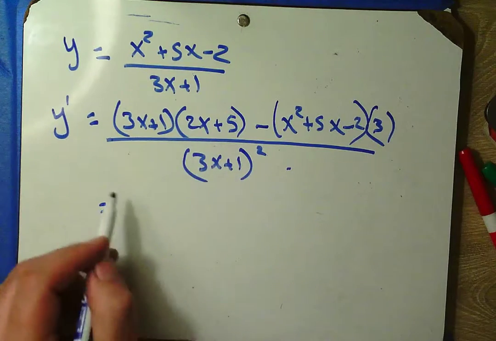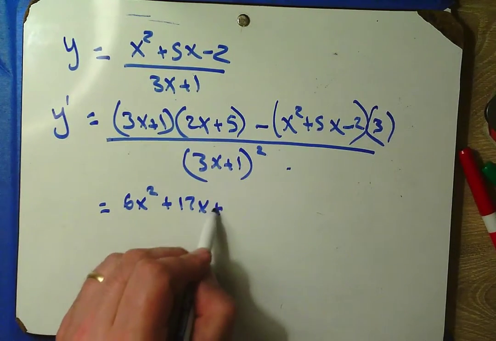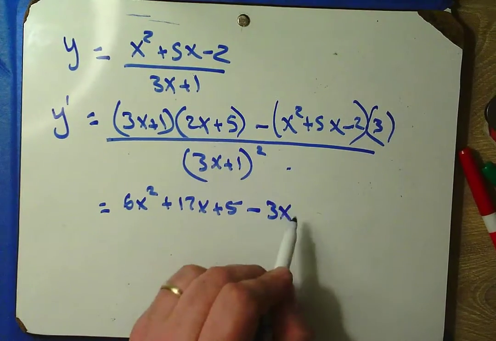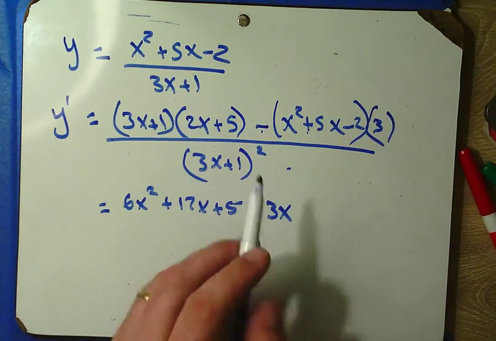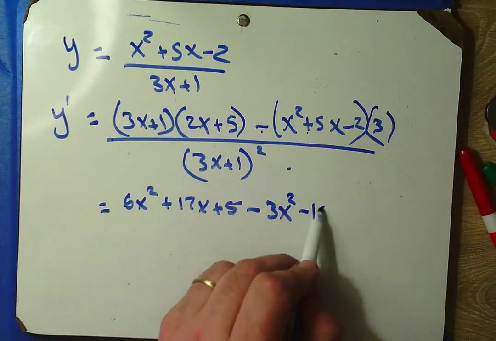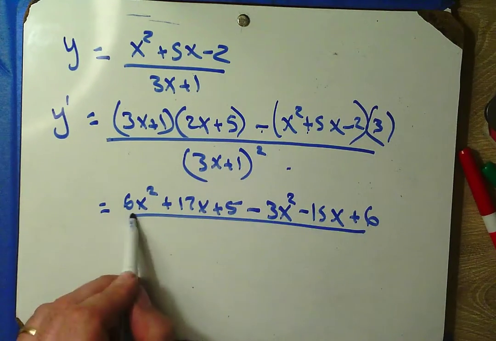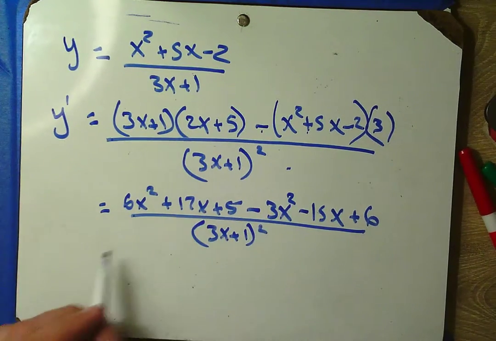So if I FOIL here, I get 6x squared plus 17x plus 5 minus 3x squared. And please don't forget to distribute this negative to everything. 3x squared minus 15x plus 6 all over 3x plus 1 squared.